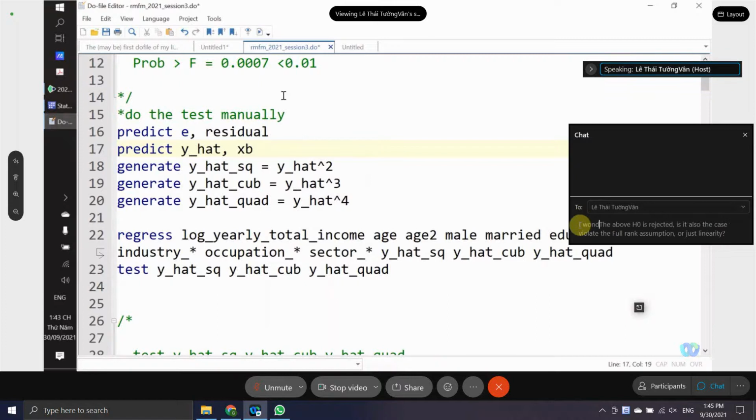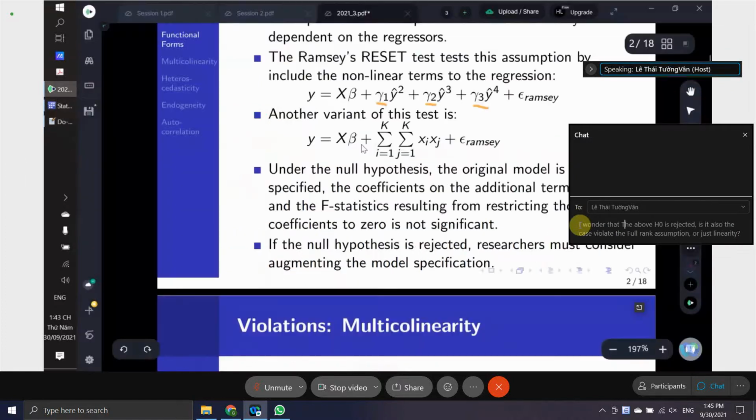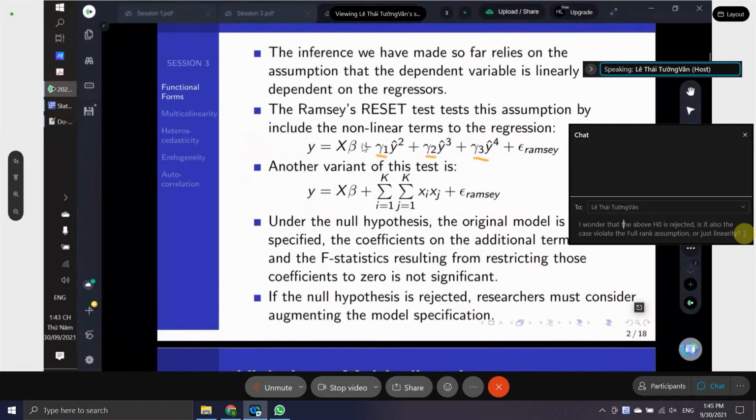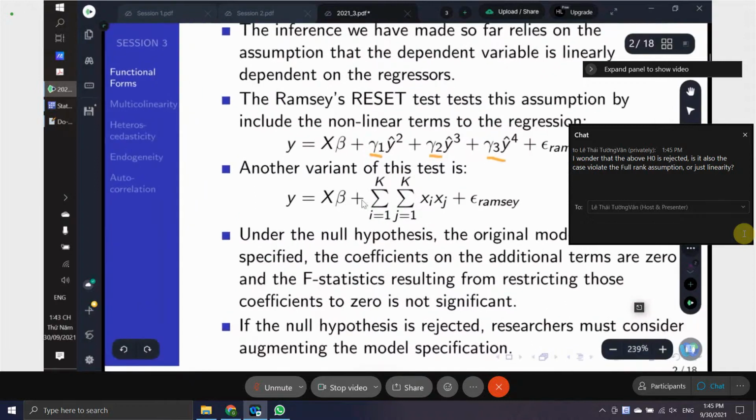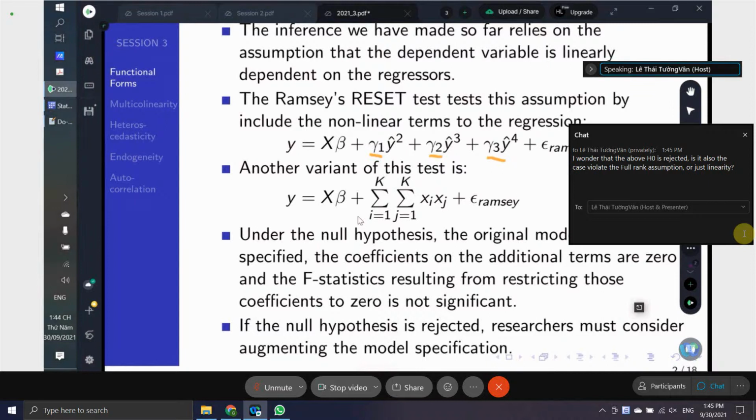Okay. Now, Miss Thiên Trúc, looking at Ramsey's RESET test, the mechanism of the test is that you doubt that some of the explanatory variables. Now, Mr. Longji, could you please follow me? Yes, I'm following you. Okay, good. Now, Minh Giang, just listen to me and you will see what we need to do.